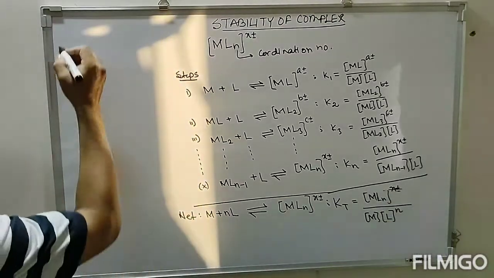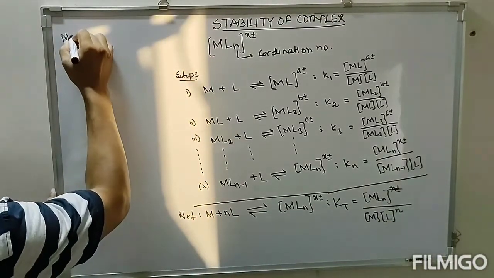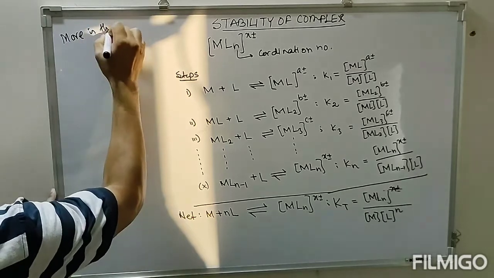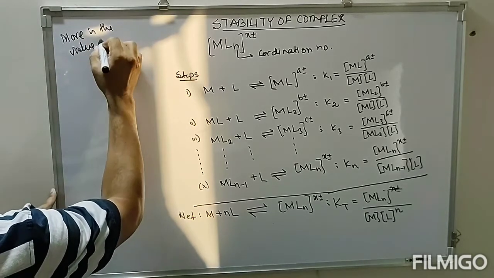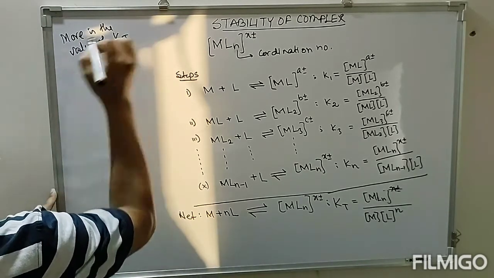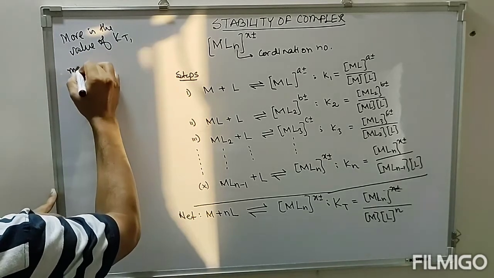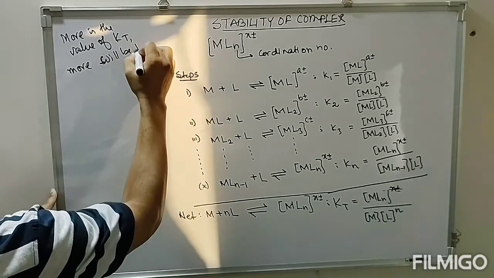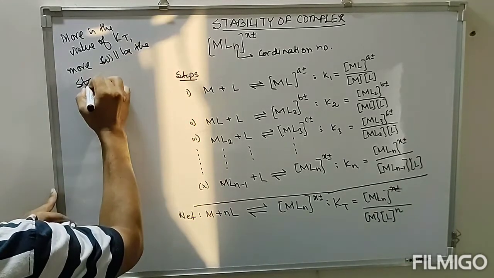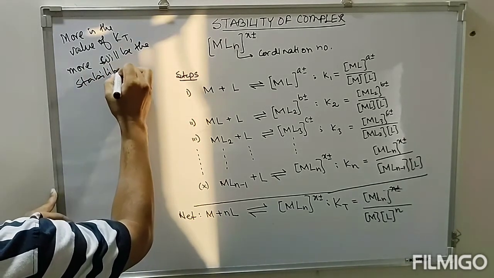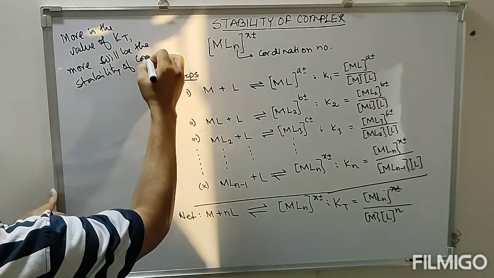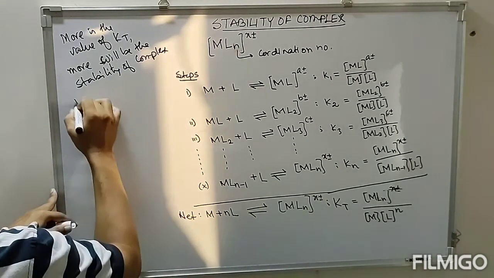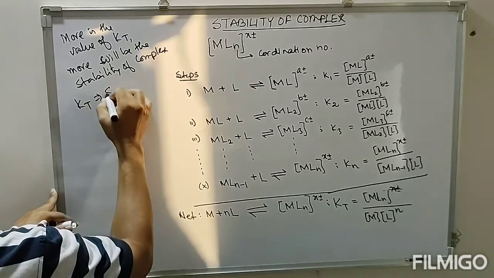So therefore, look at this. The more the value of Kt, the more will be the stability of the complex. So this Kt is known as stability constant.